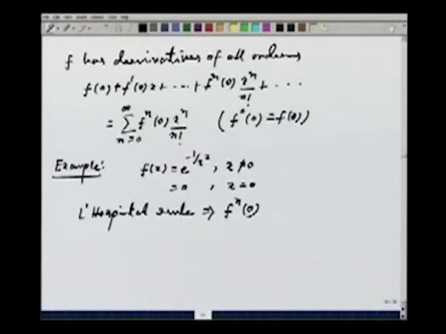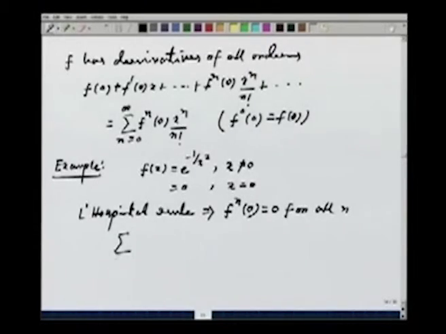So whatever derivative of f you look at, at 0 it exists, that is f^(n)(0) exists. Not only that, it is always equal to 0. This is true for all n. This is not very difficult to show. So this function has derivatives of all orders existing at the point 0, and at the point 0 all those derivatives are 0.